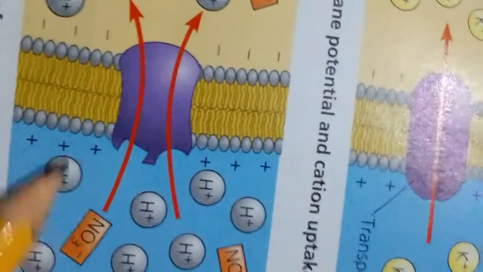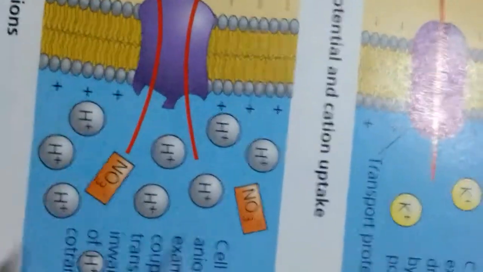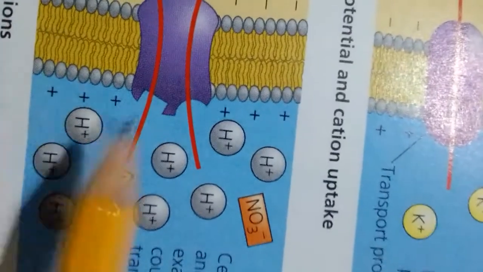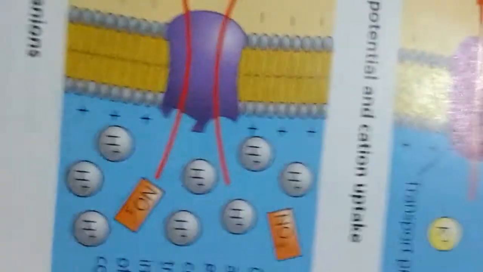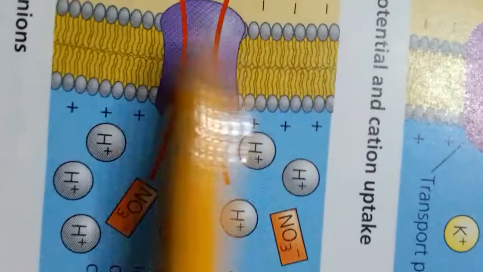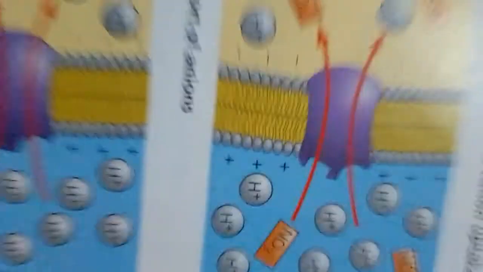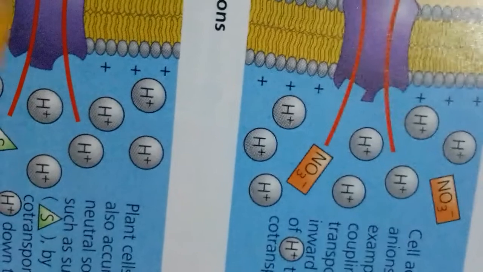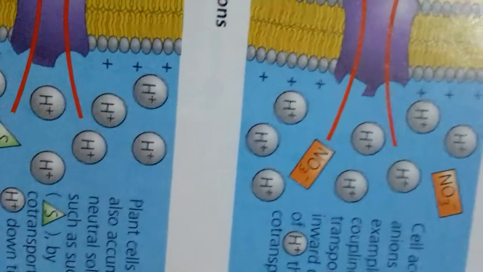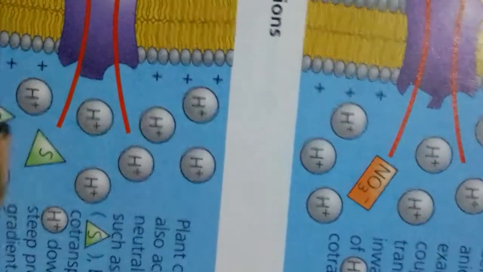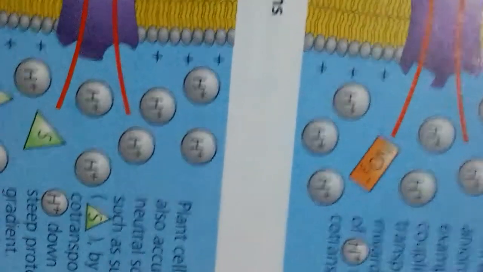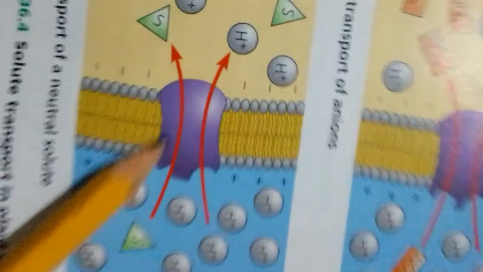Co-transport of anions: the cell accumulates anions such as NO3-, for example, by coupling their transport to the inward diffusion of H+ through a co-transport protein. Co-transport of neutral solutes: plant cells can also accumulate neutral solutes such as sucrose by co-transporting down the steep proton gradient.